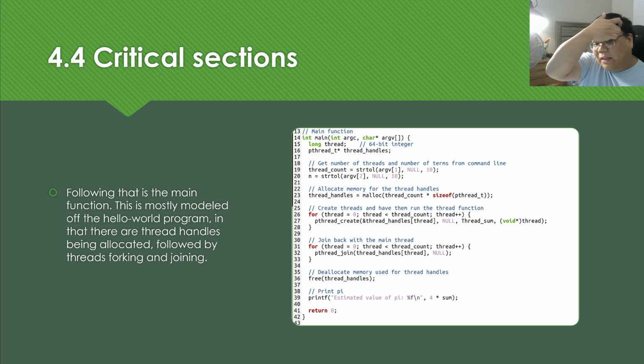In hello world, we had to get the number of threads passed into the program, but here we also have to pass in the number of terms, because we are going to code this program such that it creates an estimate for pi based on how many terms we want.